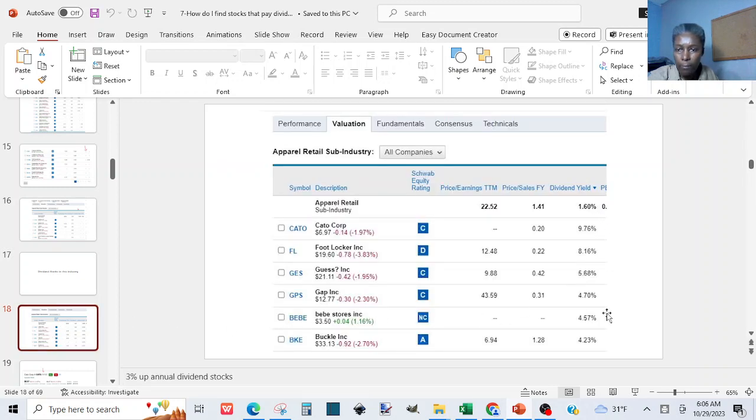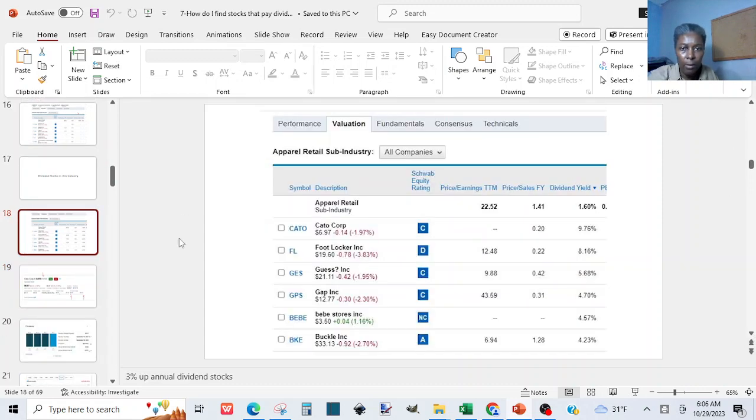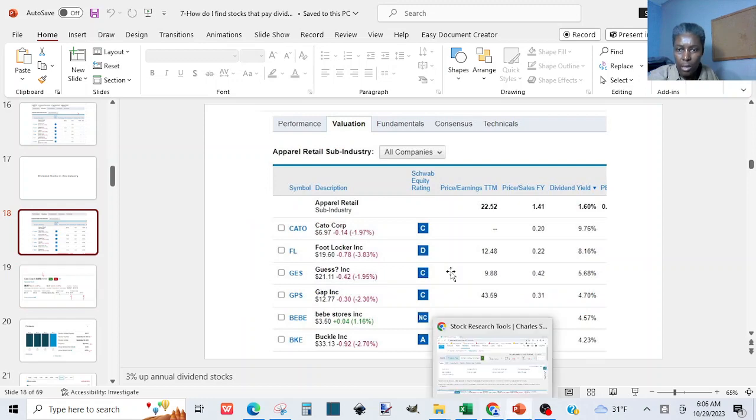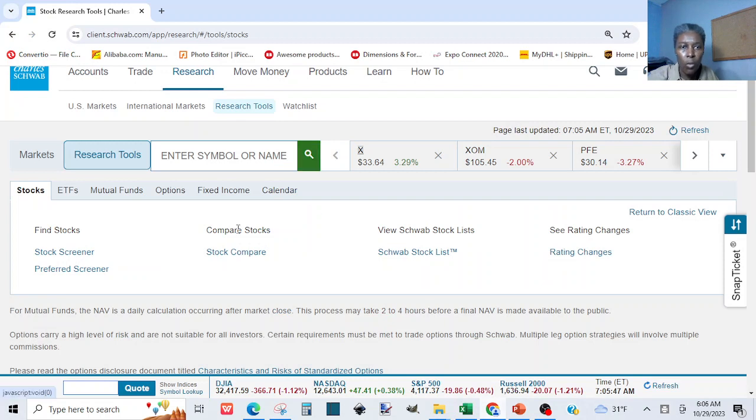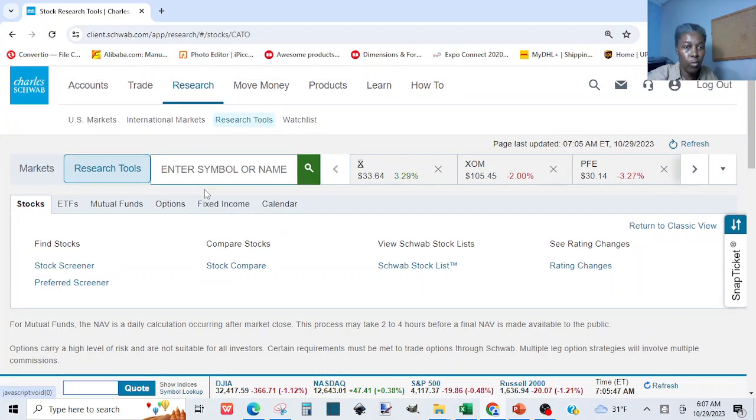So we have 1, 2, 3, 4, 5, 6 here we can work with. Good. The first one is CATO. So we are going to type CATO, and when you type it, you want to make sure you find the company's name and click on it.